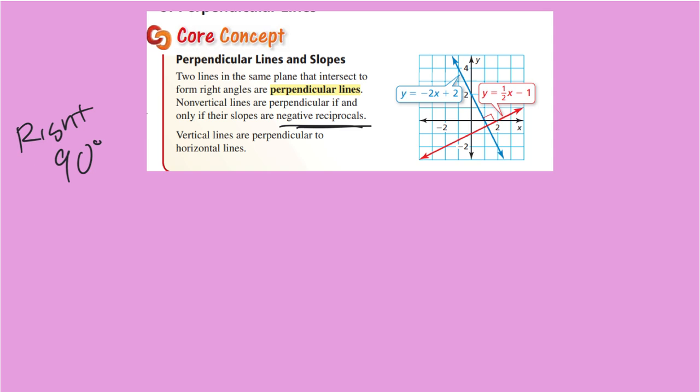Let's say, for example, I have negative 2. What is the reciprocal of negative 2? We know the reciprocal is going to be negative 1/2. But in perpendicular lines, it's going to be the negative reciprocal, so it's going to be positive 1/2. The negative reciprocal. So in other words, what you want to do is always have a positive and a negative slope in perpendicular lines.